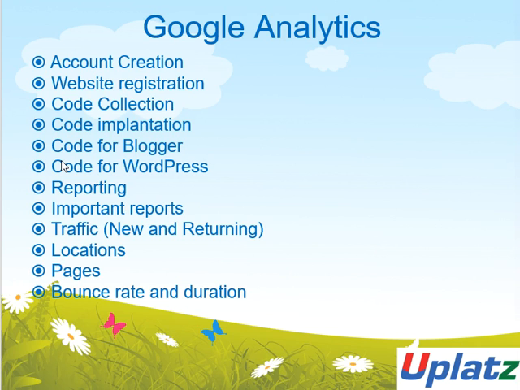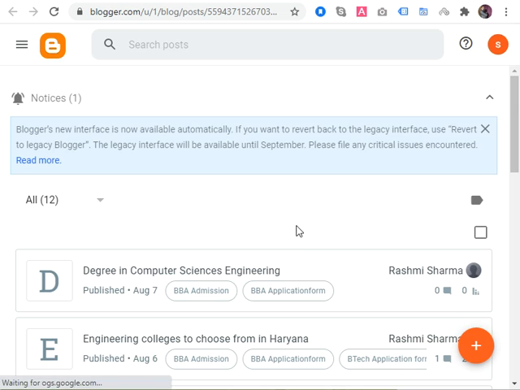How do you install? The simple way is this: go to your blogger account. I am showing you. I hope you all are aware that Blogger is part of Google as of now. So there is no need to create a separate email ID to register in Blogger. Your Gmail ID is perfectly suitable for this.